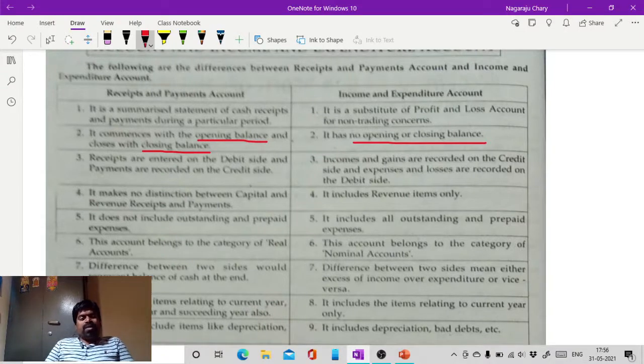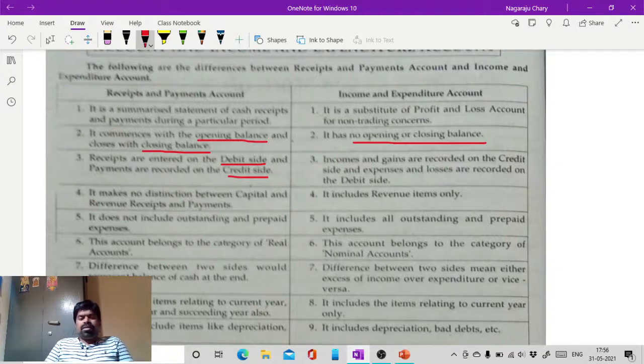Receipts are entered on the debit side and payments are recorded on the credit side. Yes, that is already known to us. All the receipts are recorded on the debit side, all the payments on the credit side. Whereas in the income and expenditure account, incomes and gains are recorded on the credit side, expenses and losses on the debit side.